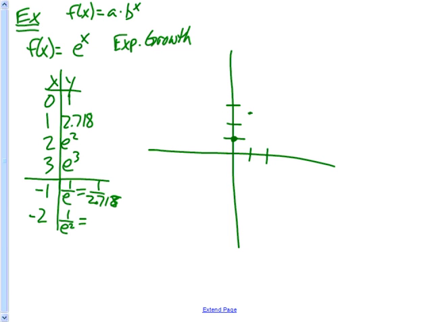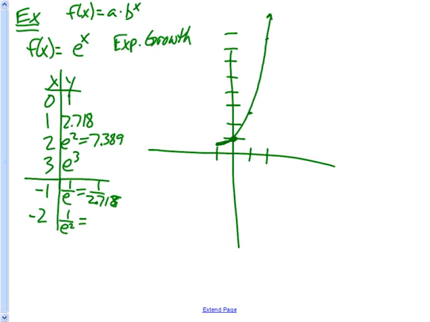Okay, so e squared ends up being 7.389, so about 7.4. So 2, comma 7.4, kind of shoots up pretty fast, doesn't it, right there? Negative 1 would be 1 over 2.718, so a little below 1 half.